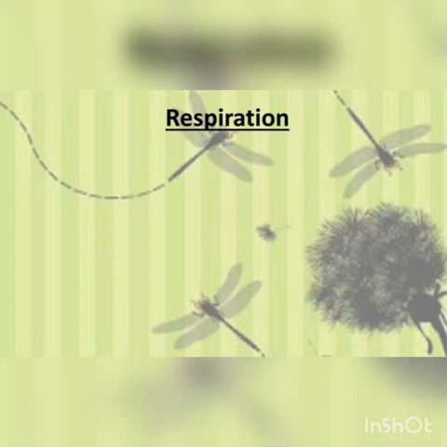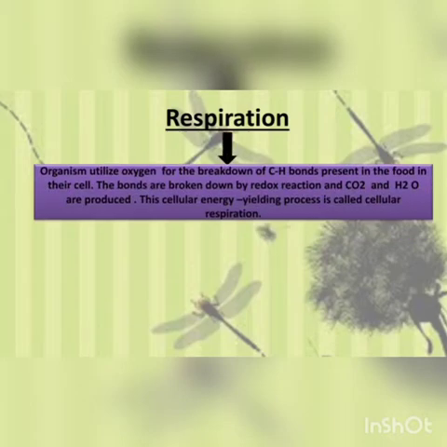So let's see its definition. This is an energy yielding process. Means in this process, the carbon and hydrogen bonds in the foodstuff are broken down in the presence of oxygen for energy purposes, and carbon dioxide and water molecules are produced. So this is an energy yielding process.